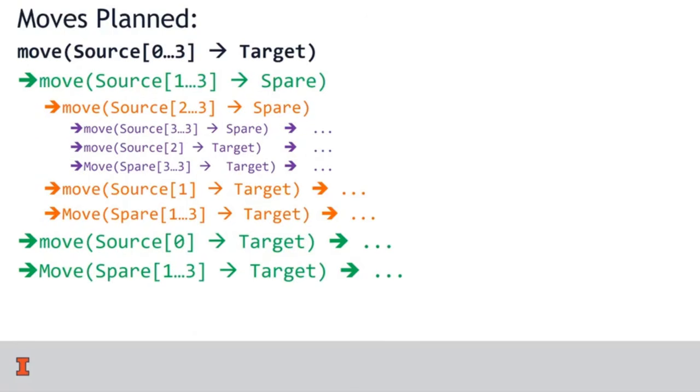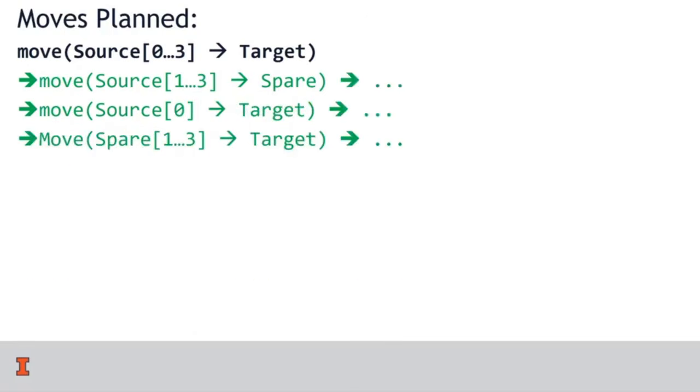What is that pattern? Well, if we look at the very first iteration of that pattern, the moves that we planned to move all of the blocks, so 0 through 3, to the target. In doing that, we need to move blocks 1 through 3, so everything from the start plus 1, to the spare. We need to move the starting location to the target, and then we need to move whatever we moved to the spare over to the target.